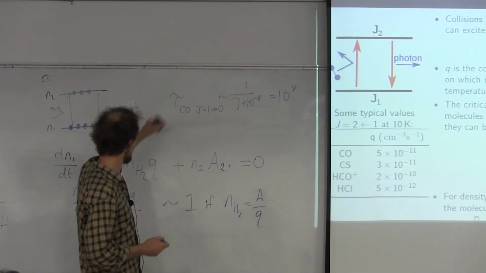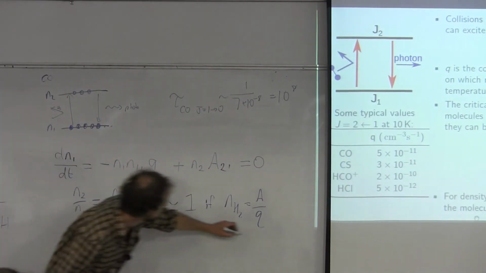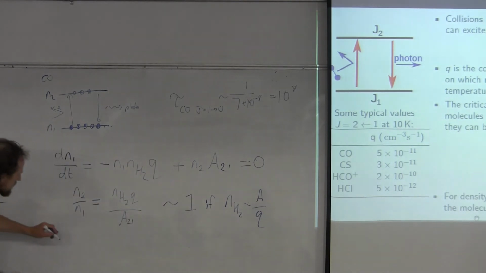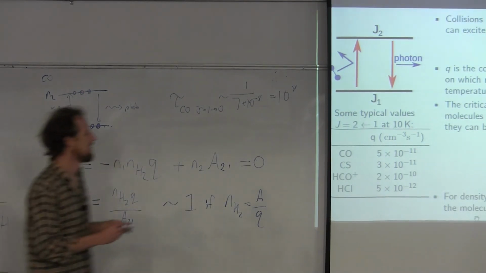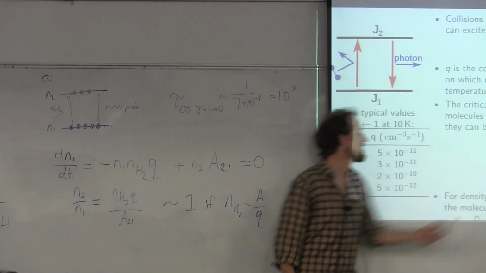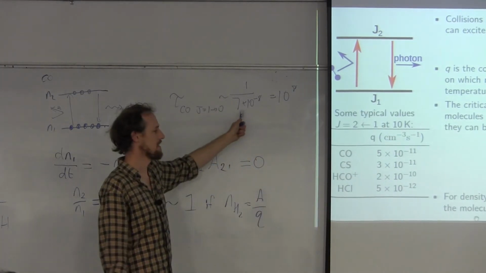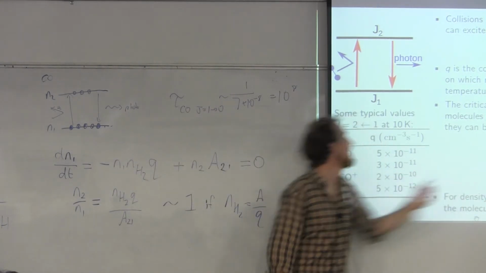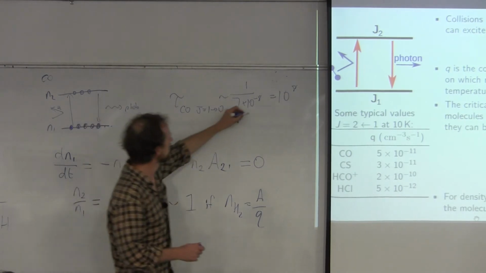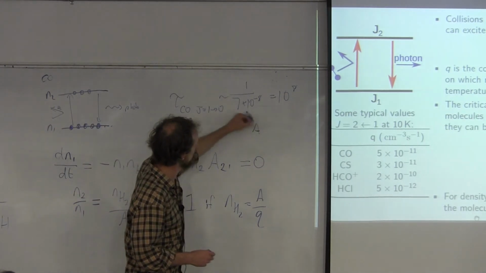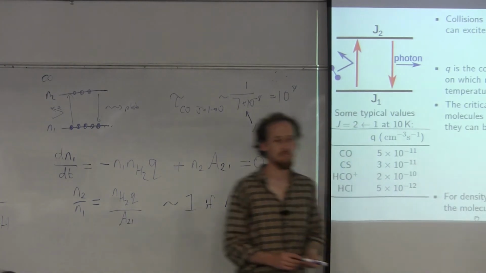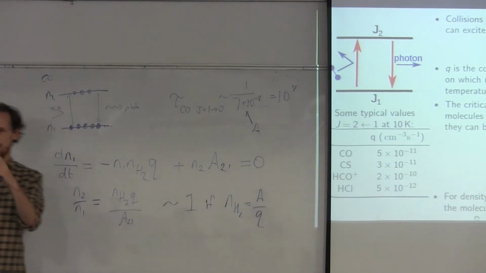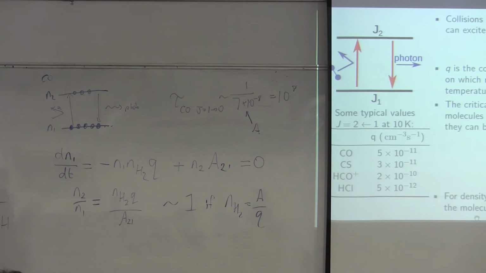Meaning that if we put these numbers in here, the critical density is the Einstein A coefficient for carbon monoxide, 7 times 10 to the minus 8, divided by 5 times 10 to the minus 11, and that's 10 to the 4. So if you have 10,000 particles in a cubic centimeter, then you're at this critical density where you have the same number of carbon monoxides in 2 levels. That's the idea.